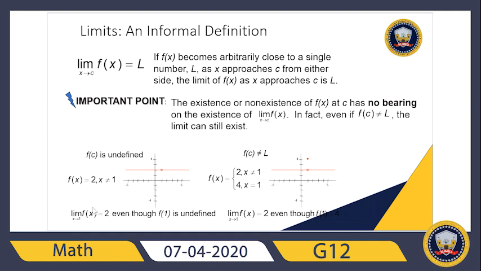That's why the limit of this function is 2, but the value of f(x) is undefined. So in this case, we have the limit, but we don't have the value of the function f(1), which is an open circle, undefined at x equals 1, while the limit equals 2 as x goes to 1.